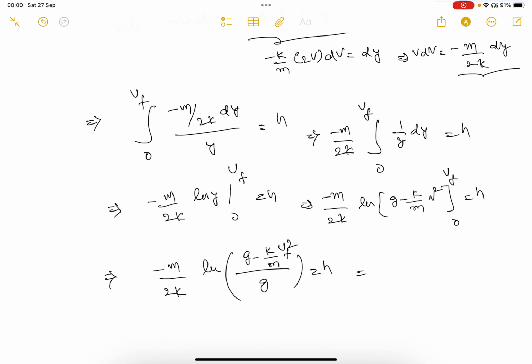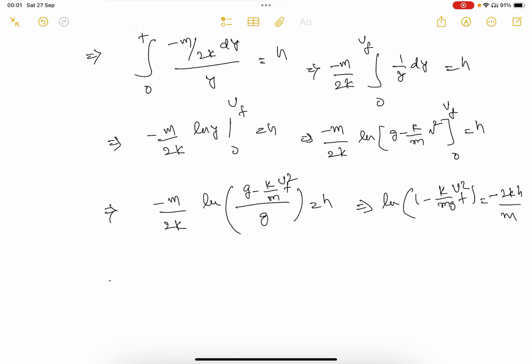Let's make it a more simplified version. Then this will be ln of 1 minus k by mg vf square equal to minus 2kh by m, which can be written as 1 minus k by mg vf square equal to e power minus 2kh by m.